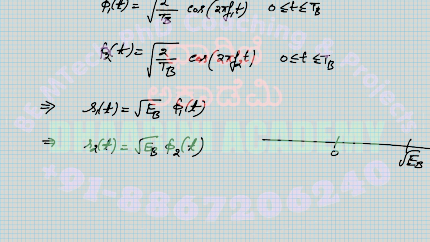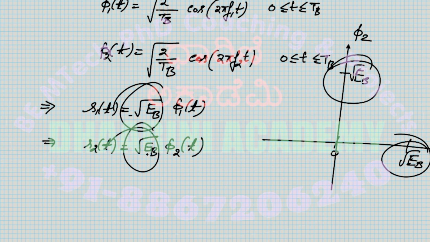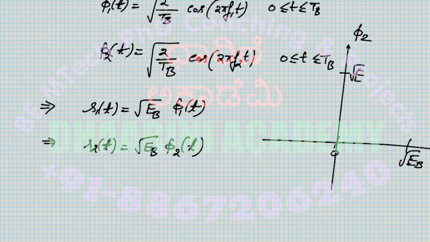At the same time, you consider another axis like this. Say call this phi 2 and mark another root EB over here, right? You see this becomes the FSK, because root EB remains the same. Both the functions will have the same amplitude. Only the axis where you try to mark the root EB is different. Are you okay? Right. Anyway, I'll come to that point. This is just a heads up about what we are going to see.